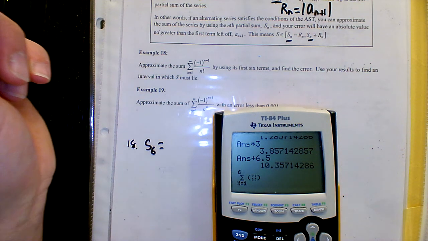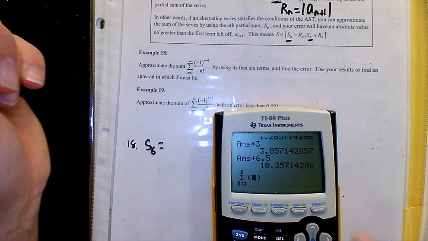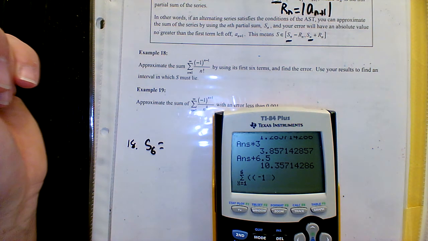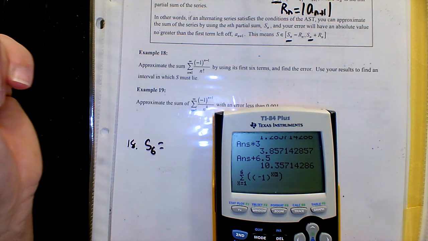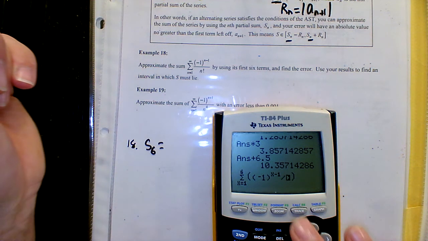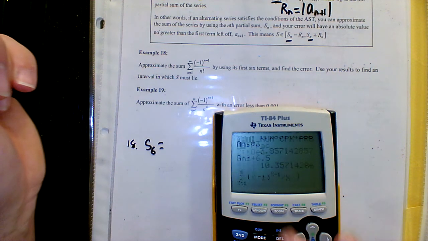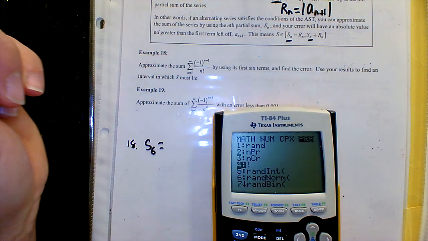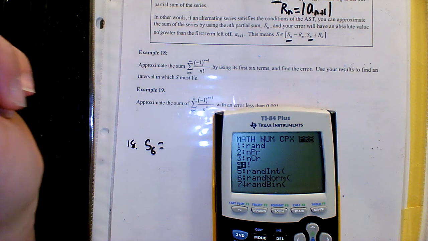And we're going to the 6th term. Divided by x factorial. So that's in math, and then you go to probability in 4.